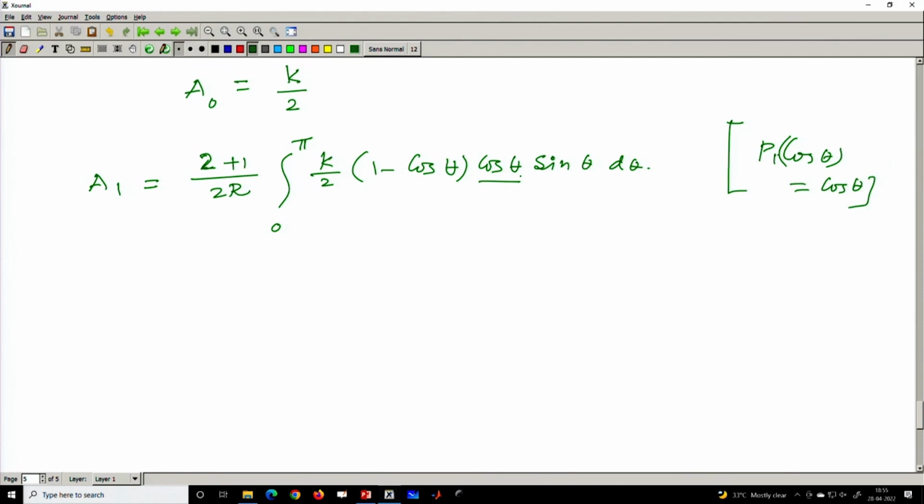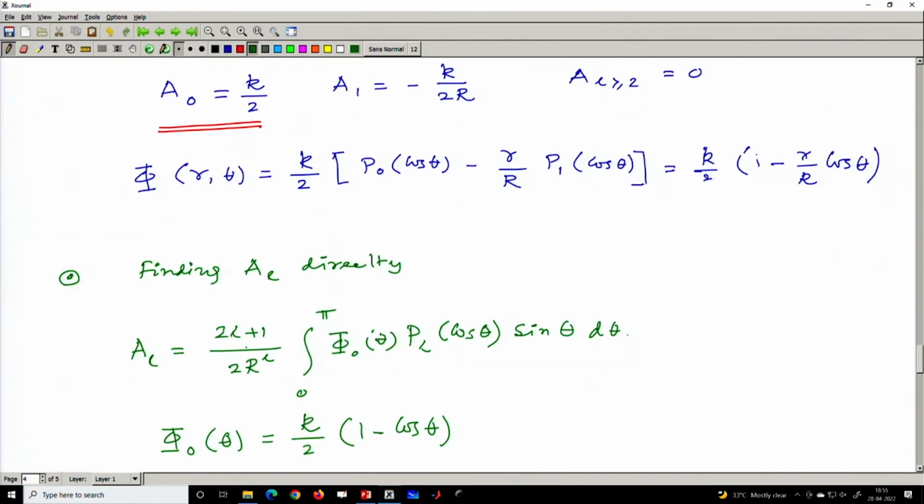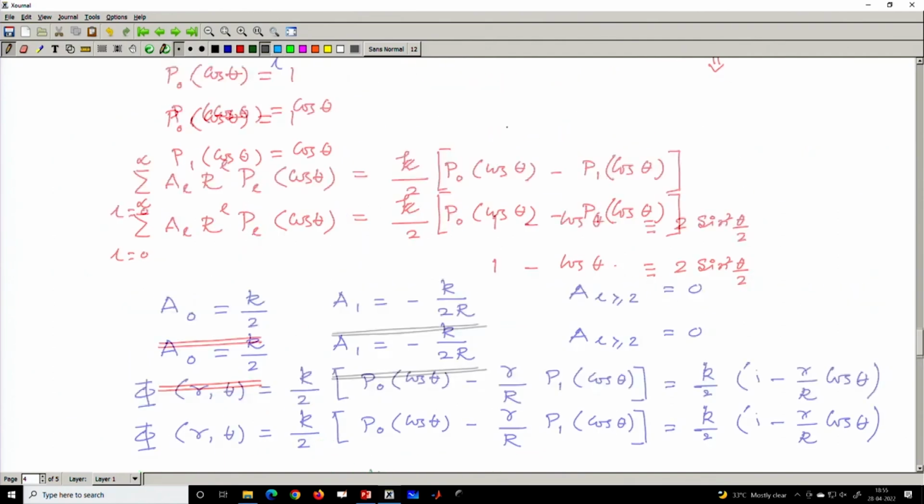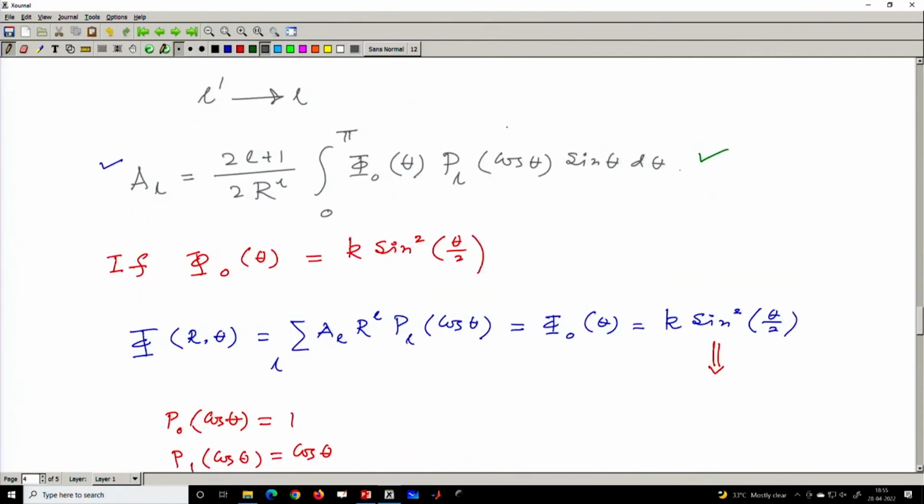If you execute this integral, you will get the same value, minus k by 2r, which we derived here. I have already shown that from this equation you can directly find A_L.